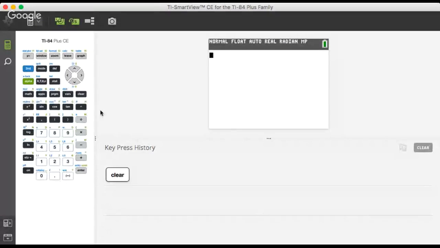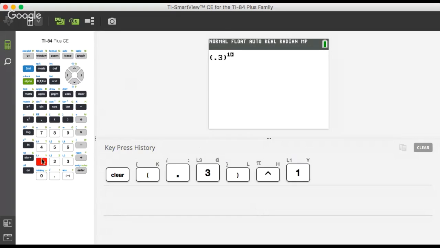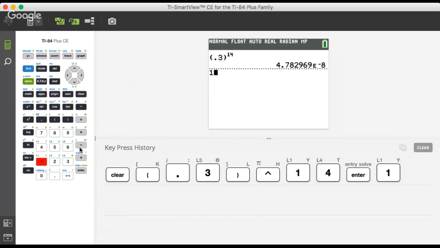There we are. Okay, remember that in parentheses, we're going to put 0.3. Make sure you close it on both sides, and take it step by step. So this is going to be to the 14th power. Press enter. Then I will do 1 minus, making sure not to round this too much, so we go second, negative, which is your answer.